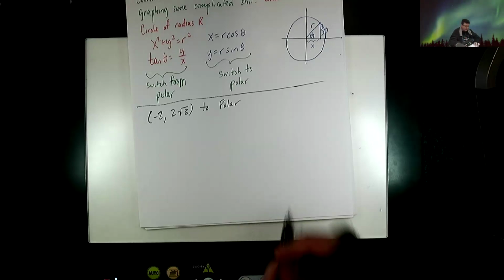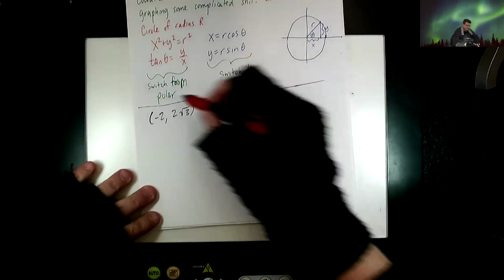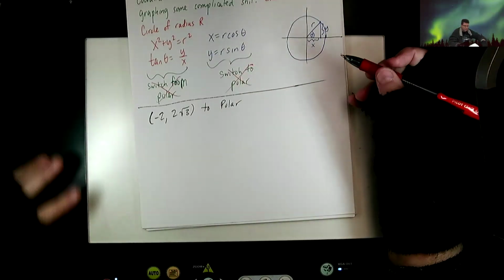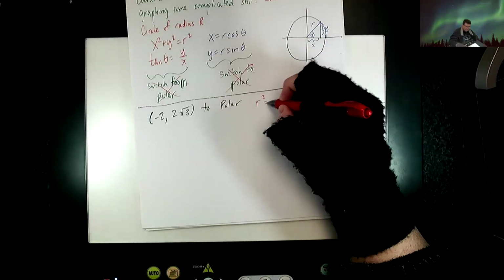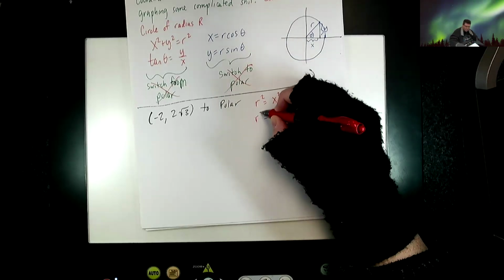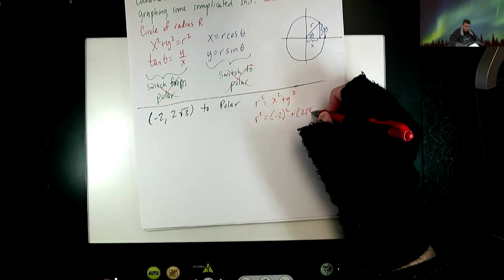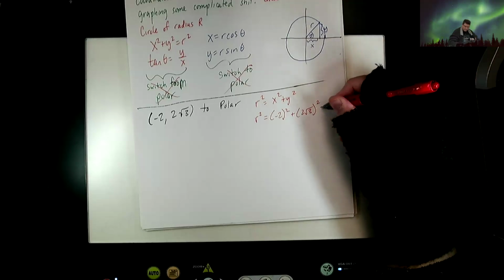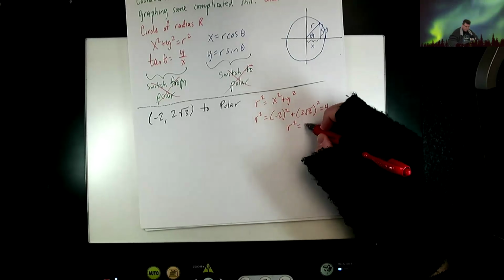Getting r is much easier if we just use x squared plus y squared. R squared is going to equal x squared plus y squared. So r squared is (-2) squared plus (2√3) squared. This is 4 plus 12. So r squared equals 16.